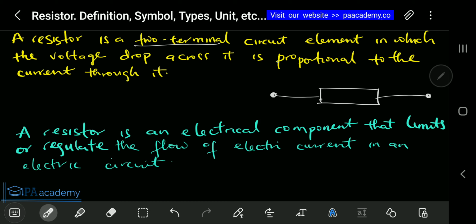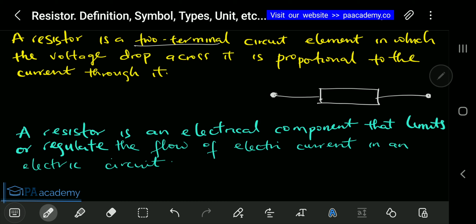It's a two-terminal circuit element, or you can just call it a two-terminal passive element. So that's another keyword, passive. Remember we have passive and active components. You can just say it's a two-terminal passive element, but if you don't want to put it, you can just still leave it, but make sure that two-terminal is also there, because it's a two-terminal element in which the voltage drop across it is proportional to the current through it.